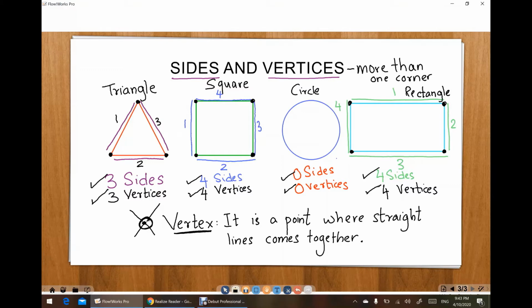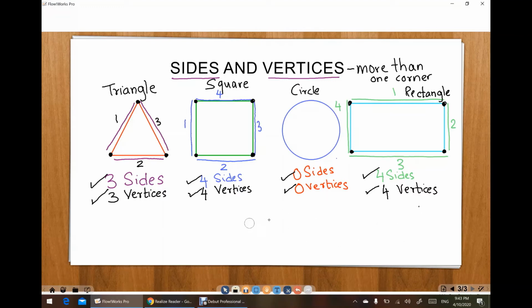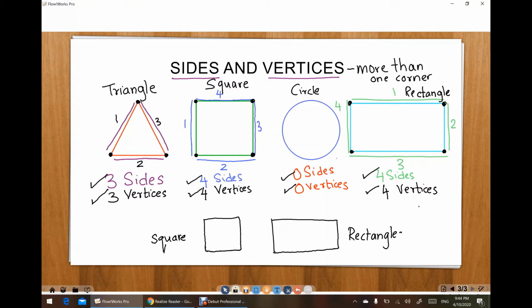You understand? Now, I want to ask you something. What is the difference between a square and a rectangle? They both have the same number of sides, 4 sides and 4 vertices. How are they different? The square has all the sides equal. You see here?